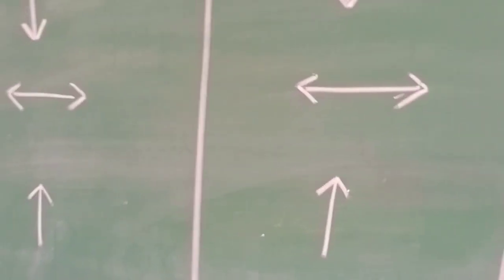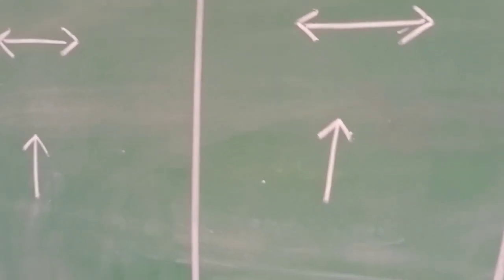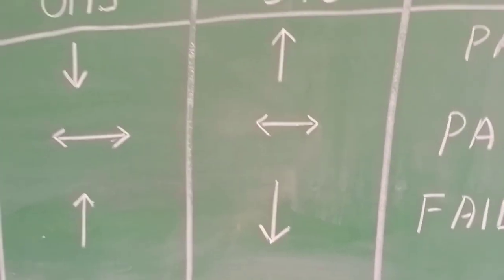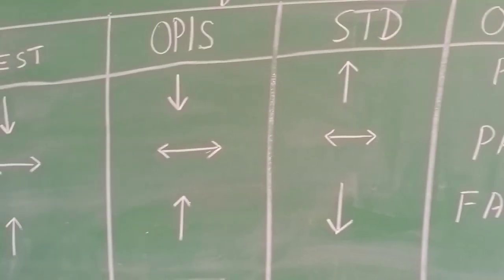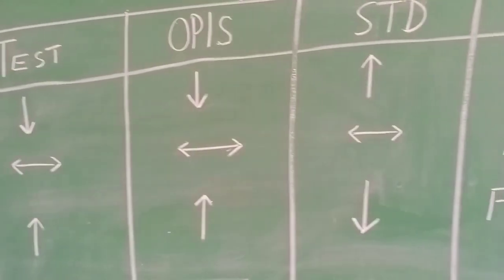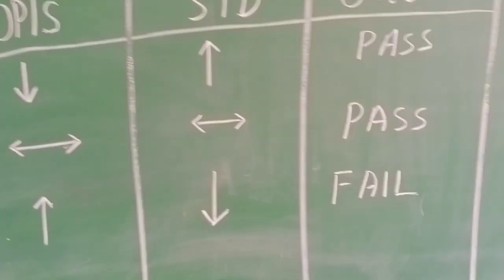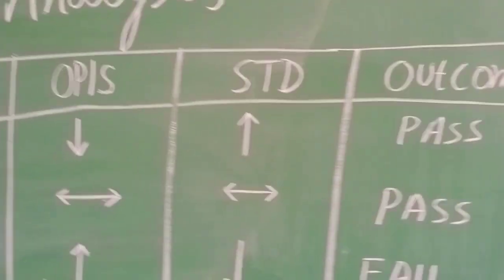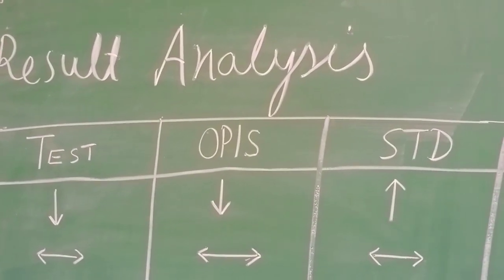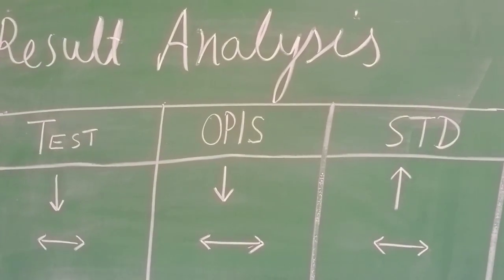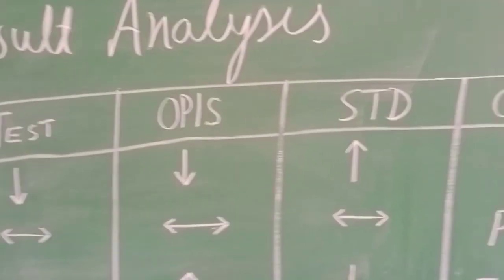So in such a case where the opalescence or the turbidity produced by the test sample is greater than the opalescence or the turbidity produced by the standard sample, the limit test for chloride fails. So this is how the final outcome or the result analysis is done for the limit test of chloride.